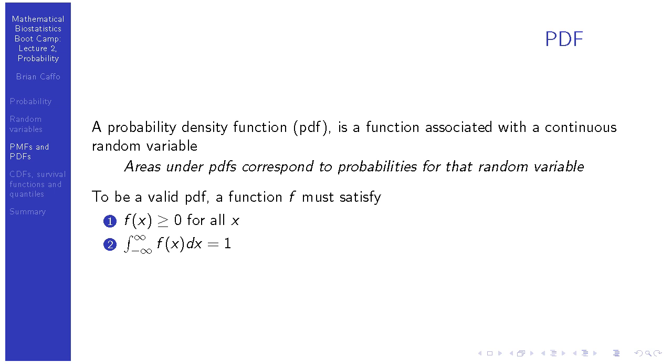I want you to remember one very important rule, and I put it in italics just to make sure everyone remembers it. By the end of the course, this will be second nature to you, but if you haven't seen it before, it might seem a little odd. The way that probability density functions work is that areas under probability density functions correspond to probabilities for the random variable. And there's definitely one undisputed king of all PDFs, and that is the so-called bell curve.